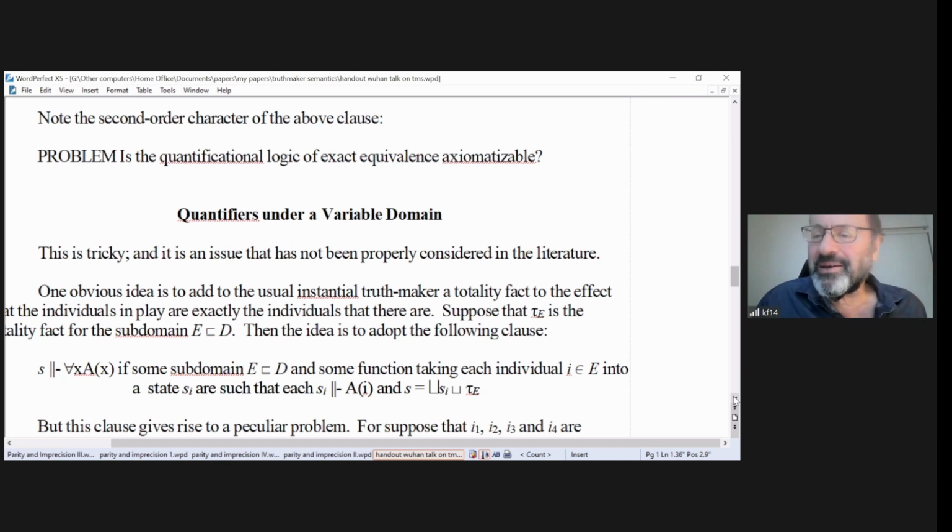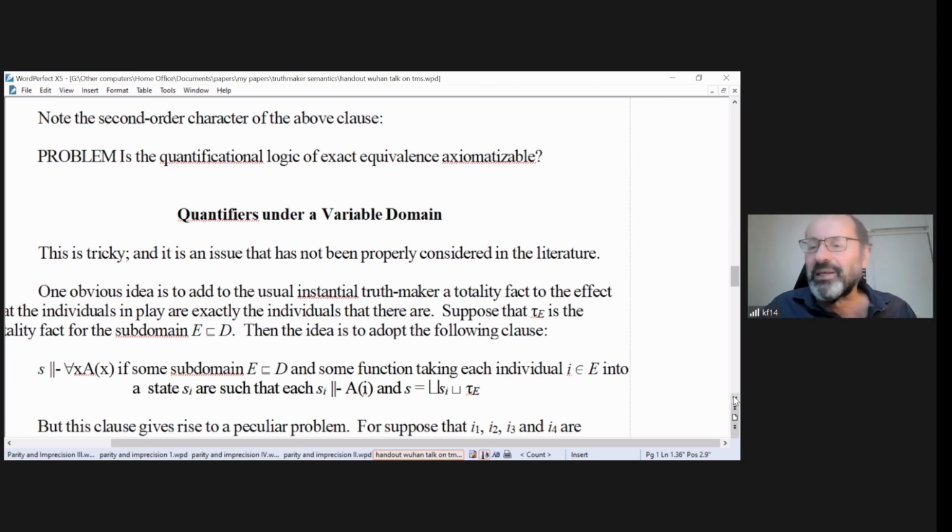This was Tarski's idea: you have a Boolean algebra equipped with additional operators corresponding to the modal operators, and they try to extend that semantics to the quantificational case, and they have a problem with the variable domain. They don't know how to do it with the variable domain.